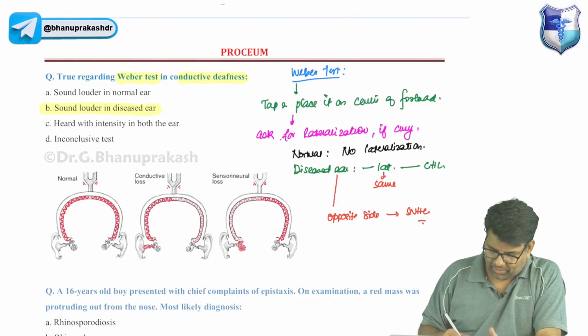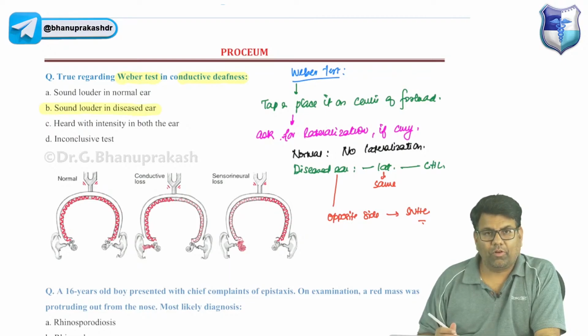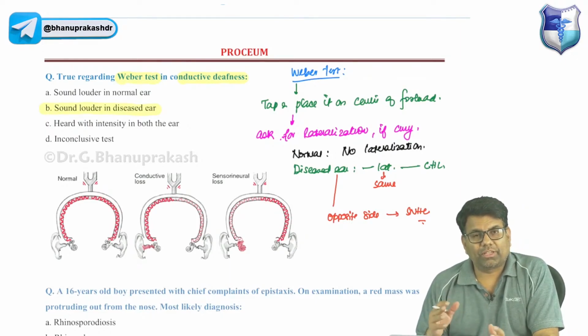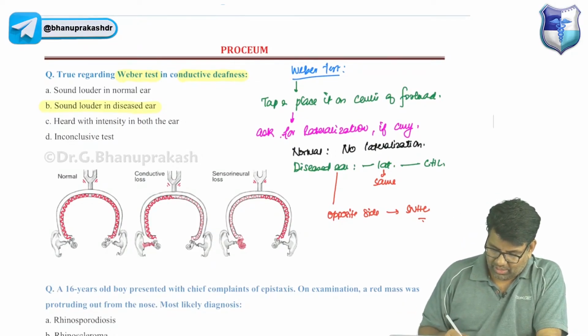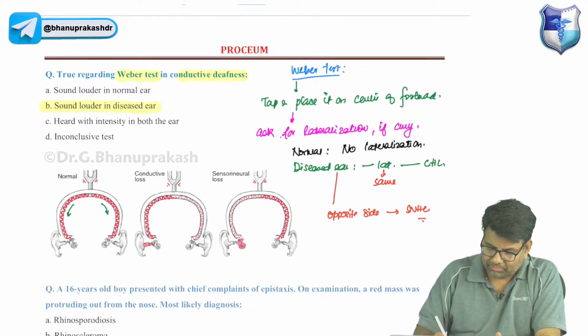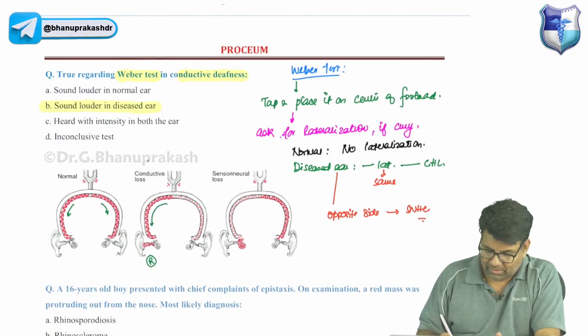If we look at the diagram, we keep the base of the tuning fork somewhere here, and then we tell the patient to close the eyes and tell us which side the sound is going more. We are actually checking for lateralization. Normally it should be equal on both sides. But suppose there is a problem in the right ear and the lateralization is going to the right side, then you will say there is conductive hearing loss in the right ear.